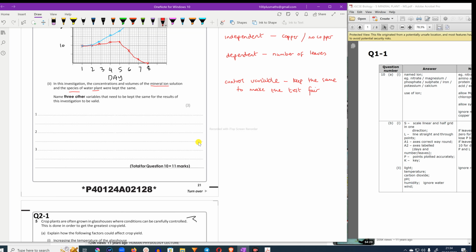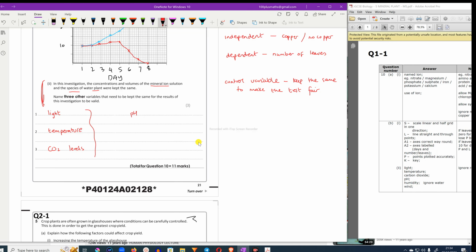Right. When it comes to plants, generally what you can do is you can keep the light, you can keep the temperature, and you can keep the CO2 levels. These are straight off the bat, as they say. You can keep the acidity levels or alkalinity levels the same.